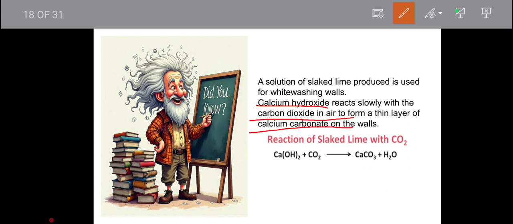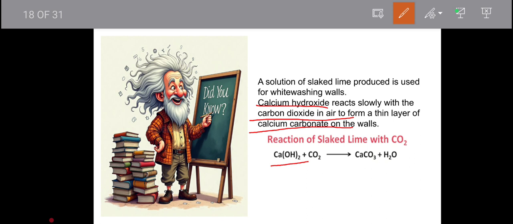As a result of the formation of calcium carbonate, we can see the presence of a shiny appearance on the wall. Got it? So the chemical reaction which is taking place over here is we have taken calcium hydroxide solution, or we have applied this calcium hydroxide solution.